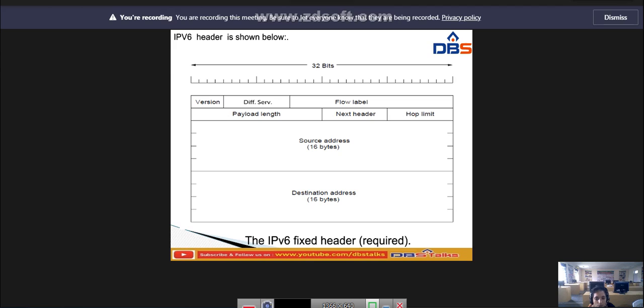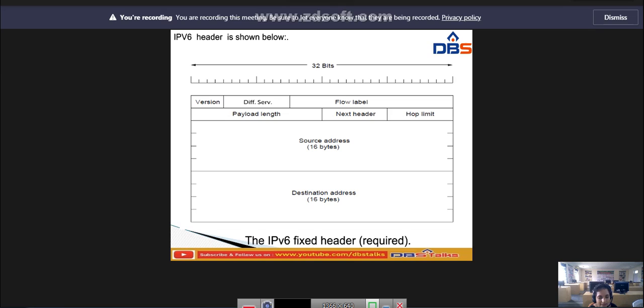Next is the source address and destination address. Each contains 128 bits, that is 32 into 4. The source address is the address of the originator of the packet, a 128 bit internet address that identifies the source of the datagram. IPv6 addresses are 128 bits in length.